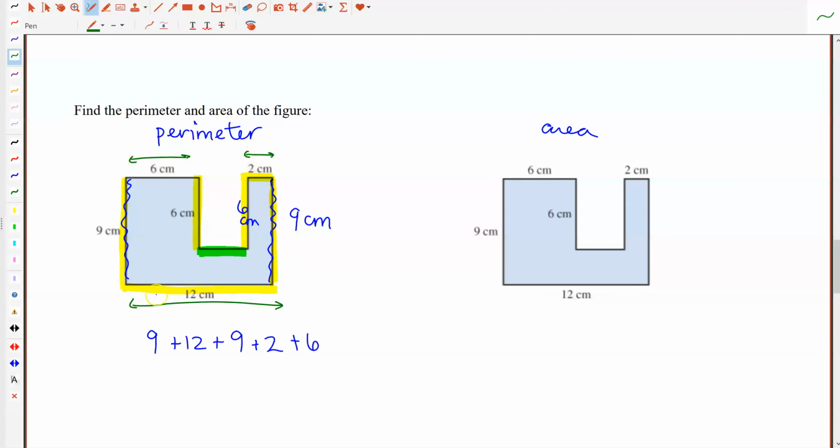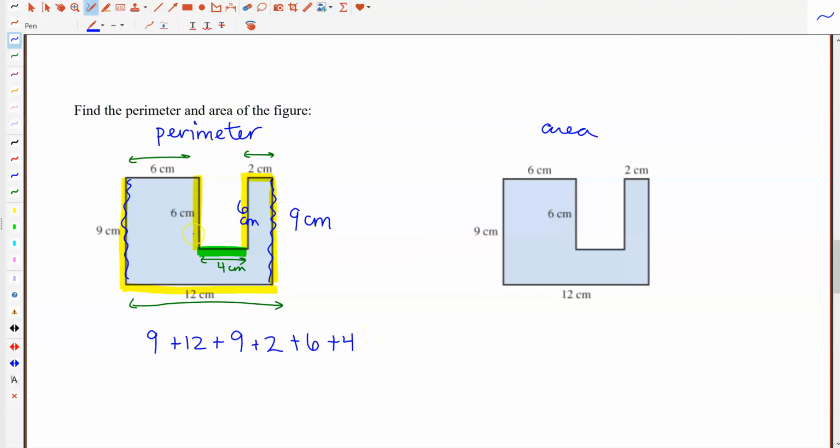It has to match what's going on in the bottom. I've already accounted for across the top 6 plus 2, or 8 centimeters. Well, if that has to be 12 centimeters total, and I've already accounted for 8, that leaves 4 centimeters left. You can think about those 4 centimeters being up here, but it doesn't make any difference if I drop it down. So this distance right here would be 4 centimeters. So we'll add that to our total.